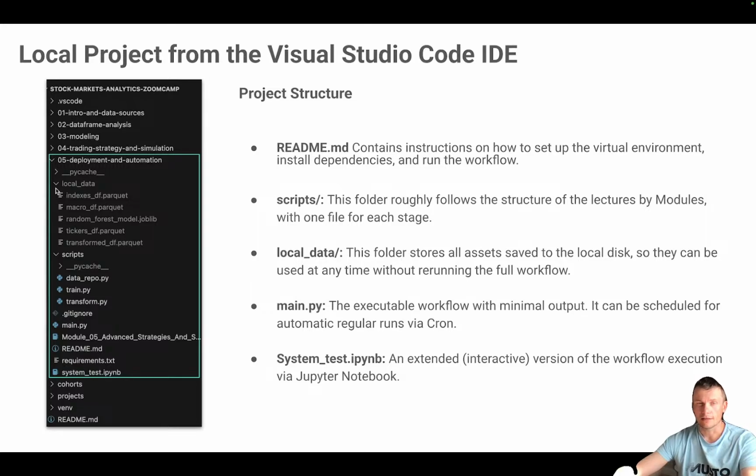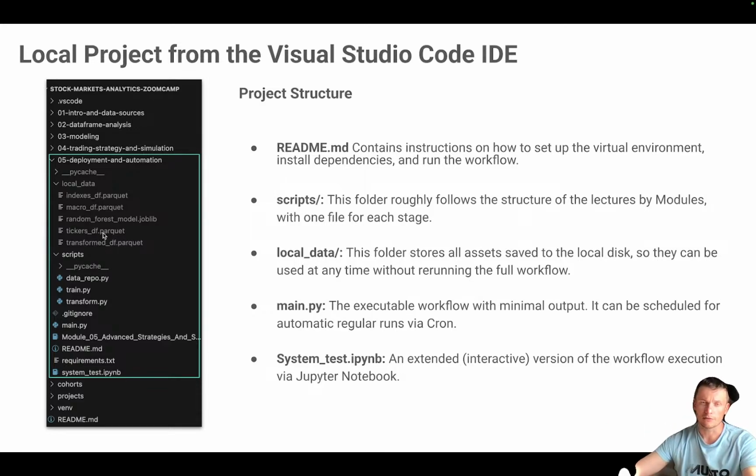I also have a local data folder, and it has these files. So indexes data frame, a combined set of indexes from Yahoo Finance; macro.df, a combined set of features from the FRED data source; and tickers_df, a combined source of all 33 stocks.